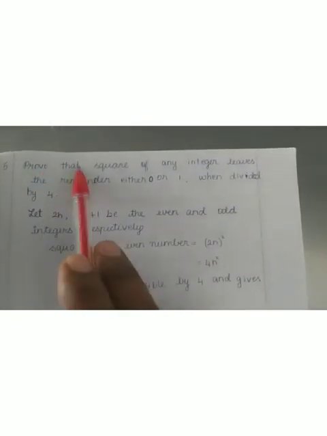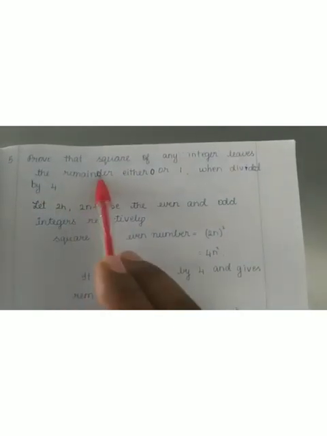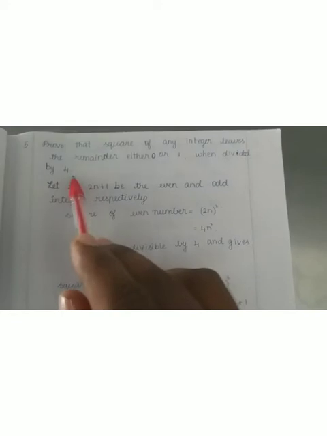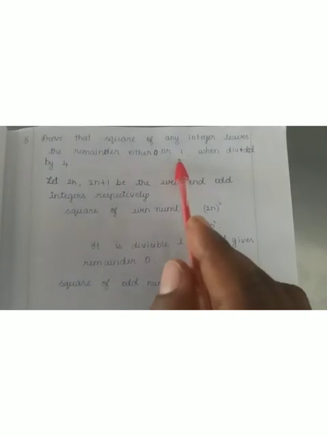So they are asking us to prove that when the square of a number is divided by 4, we get either remainder 0, or otherwise remainder 1.